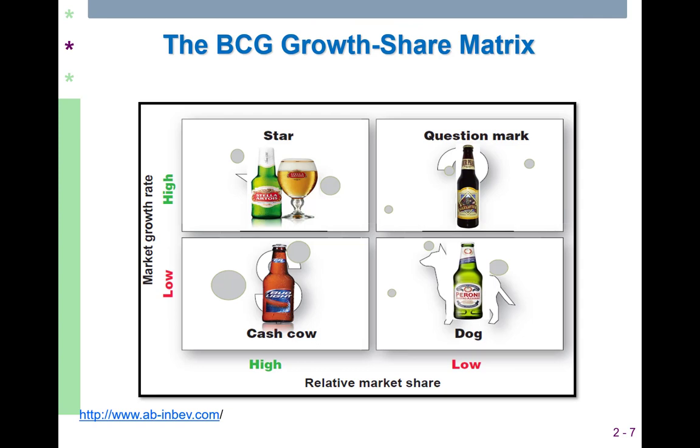Matrices are a popular schematic to facilitate strategy. In 1970, the founder of Boston Consulting Group, Bruce Henderson, offered the BCG Growth Share Matrix as a way to assess a firm's portfolio of products. And products could be an actual SKU, it could be a strategic business unit, it could be a product line, and then some.